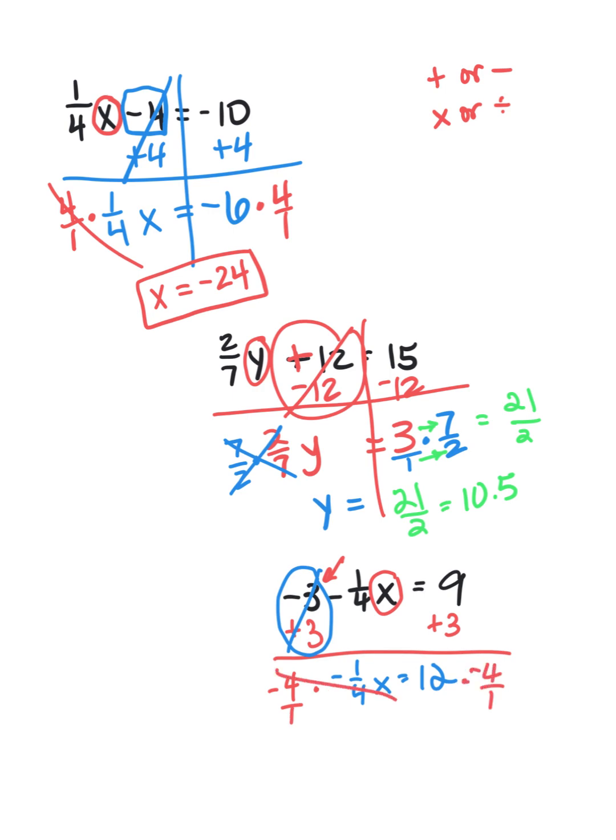So that these cancel out. We get x is equal to negative, right? Because there's only one negative, and 12 times 4 is 48. And that's your answer. Okay, if we put it back in, -48 times -1/4 is going to be +12, and -3 and 12 is 9. So yep, we did that one correctly too.